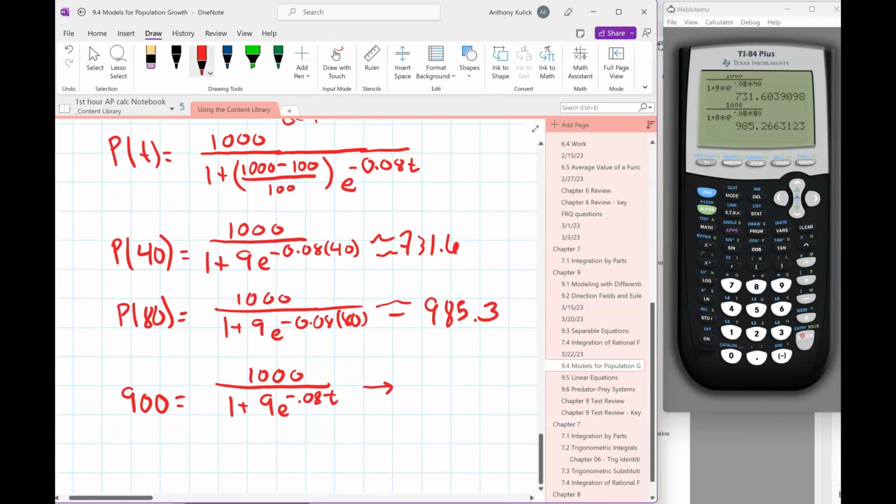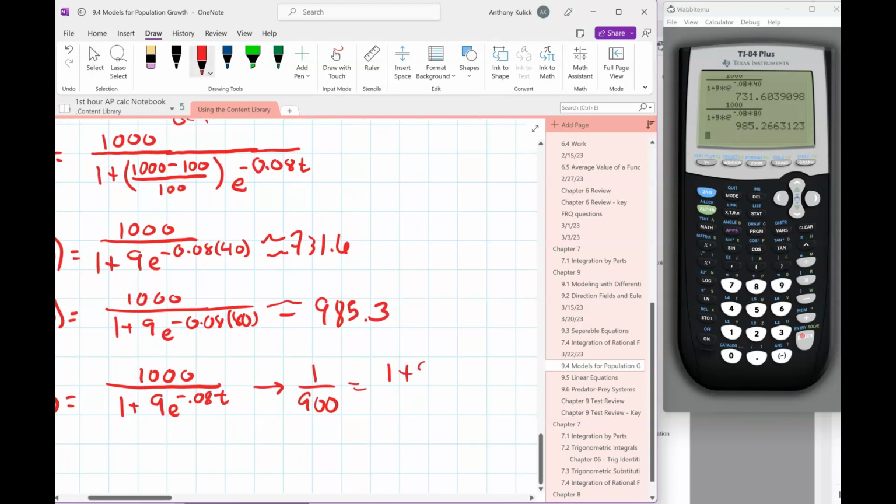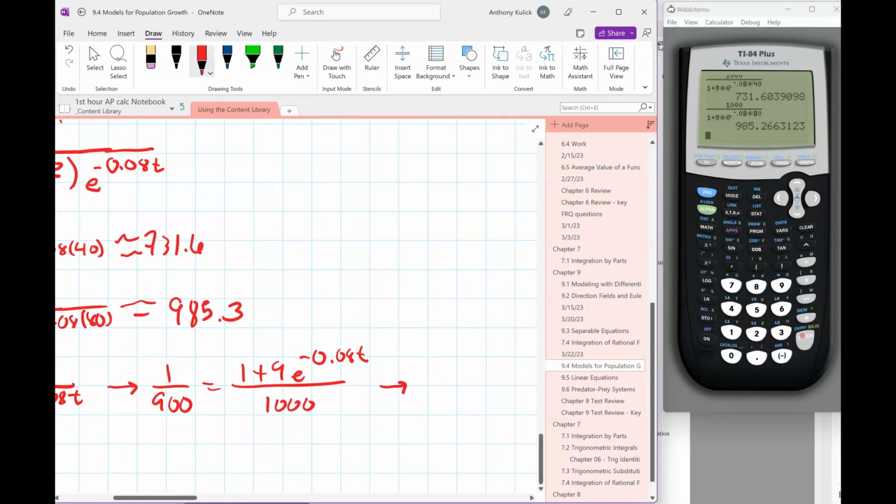So first thing I'm going to do is get the t out of the denominator. So I'll make a reciprocal of both sides. And then multiply both sides by 1,000. So that's going to reduce 1,000 over 900, just becomes 10 over 9.